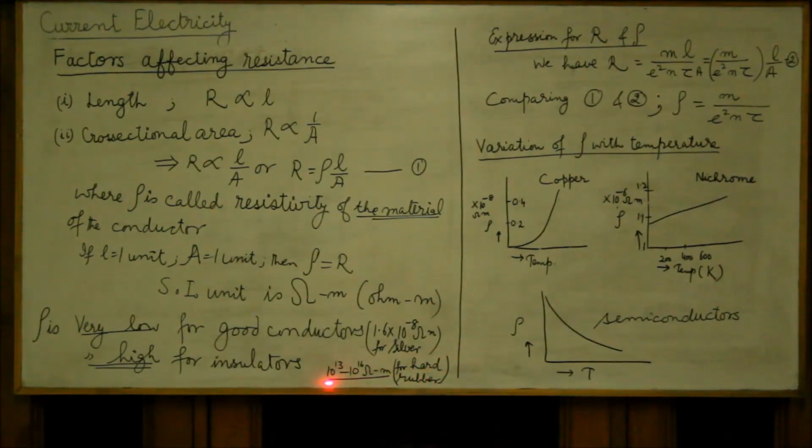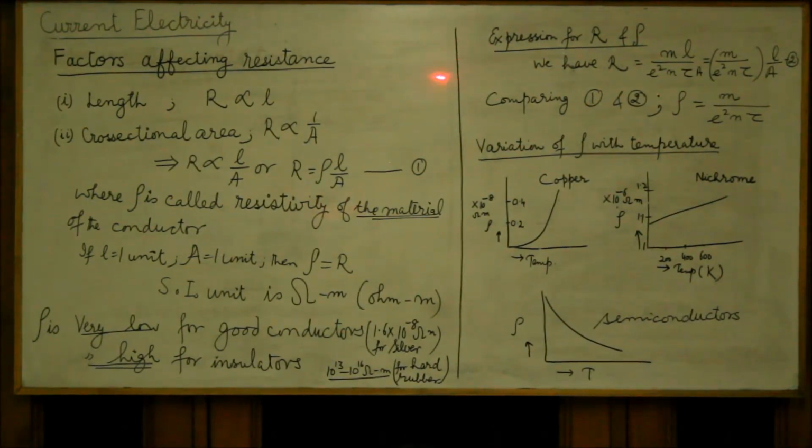Hard rubber, for example, has a resistivity of 10 to the power 13 to 10 to the power 16 ohm meter. The variation here is due to the fact that rubber does not have a specific composition.